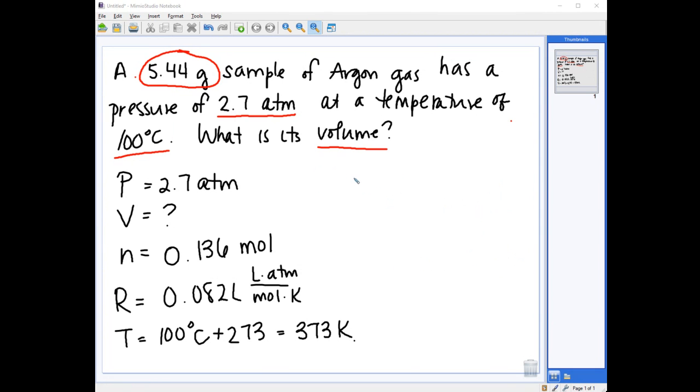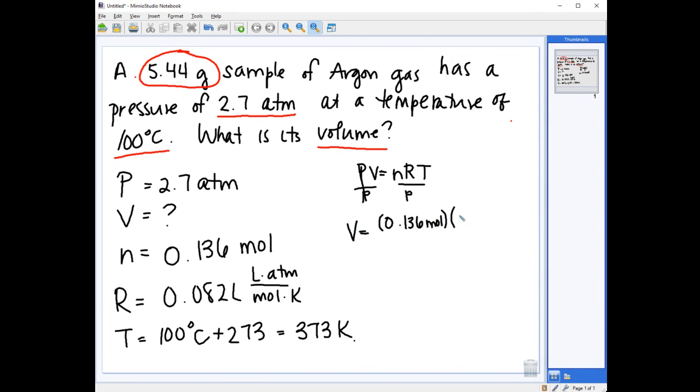Okay, so remember we're at PV equals nRT. I'm trying to solve here for volume, so I'm going to divide both sides by pressure. And then I'm going to have volume by itself, and I'm going to start plugging things in. So my n is 0.136 moles.